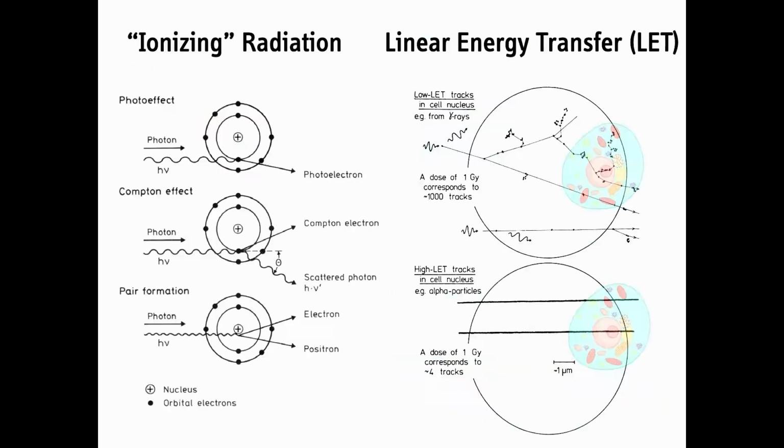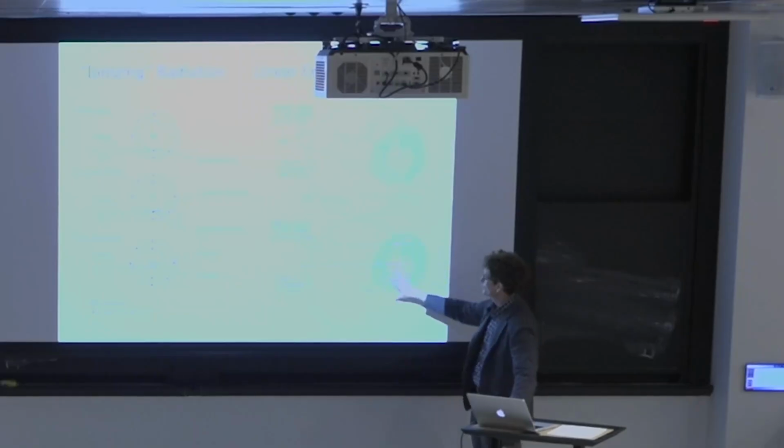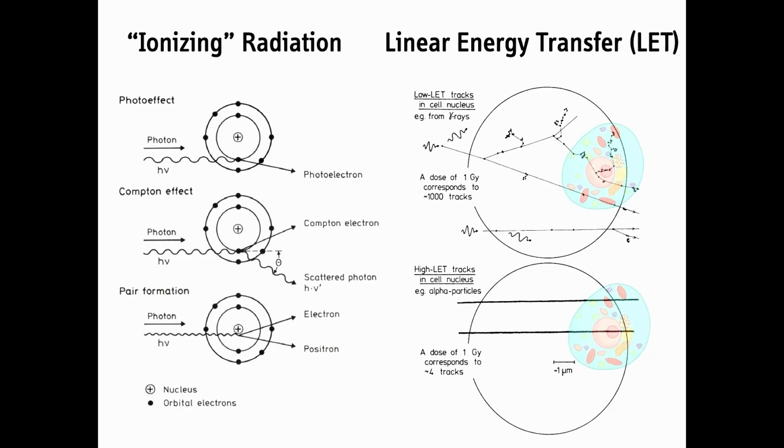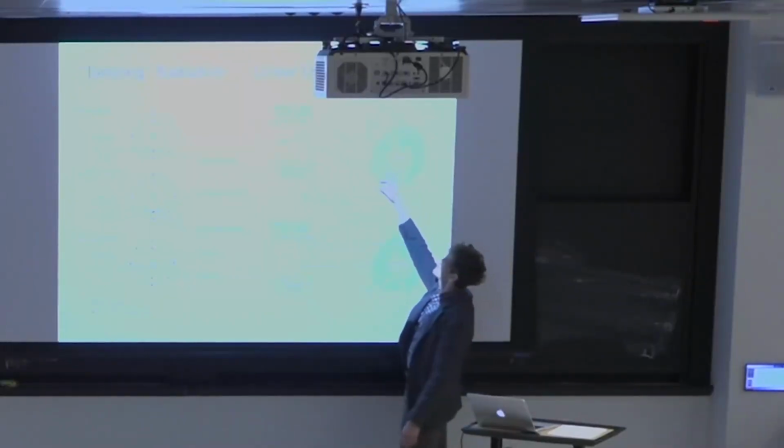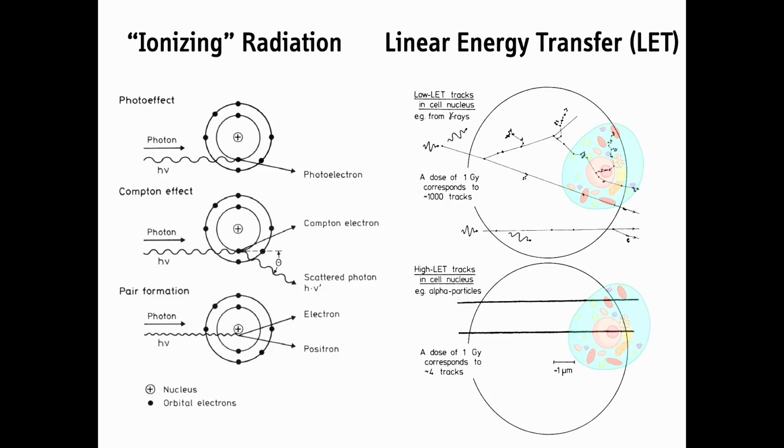So recall that it's not really the total energy deposit, it's how and where it's deposited. And so I showed you this on Wednesday, and what I've done now is I've superimposed an approximately true scale the size of a cell. And you can see here that for low LET radiation, you can have lots of interactions on the scale of the nucleus.